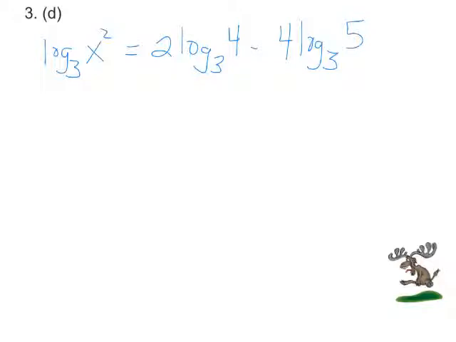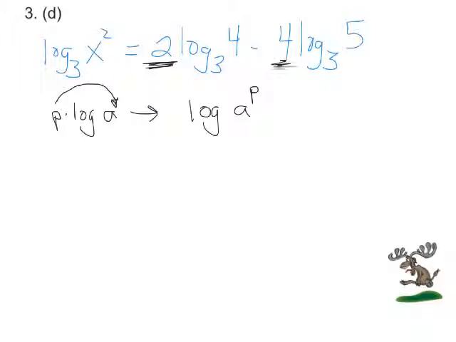The first thing I'm going to do is apply the property that says if I have a number times a log of an argument, I can convert that to log of the argument raised to that power. So basically the number in front moves up. I'm going to apply that to this piece and this piece.